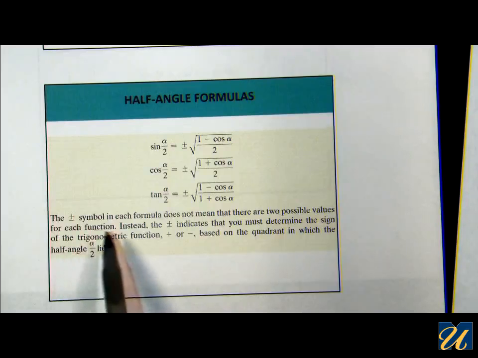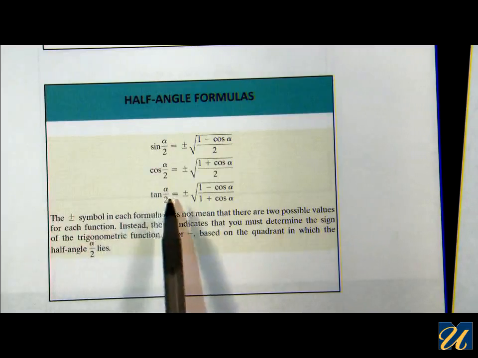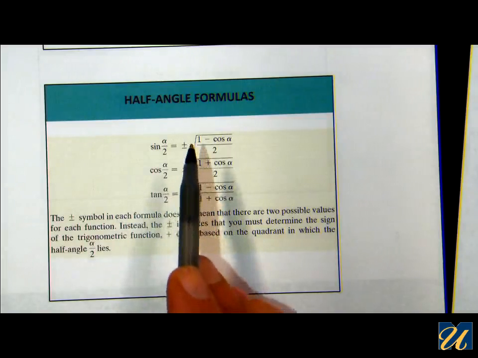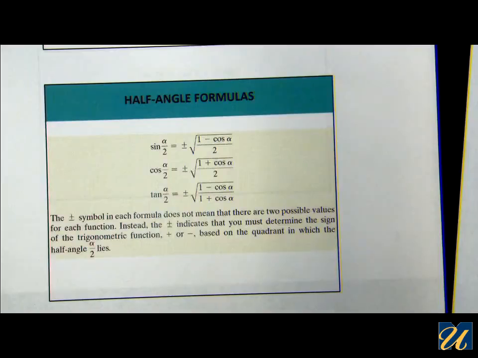If you know the quadrant A over 2 lies in, then you understand whether to use the plus or the minus sign right here. We'll have an example of that, and we're going to do those homework problem examples right now.